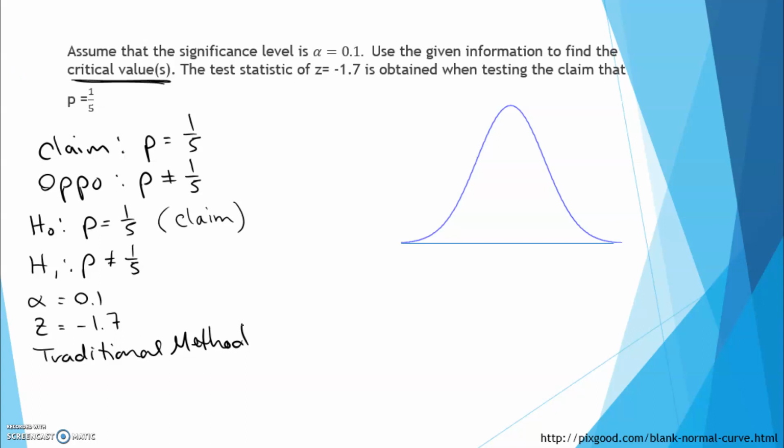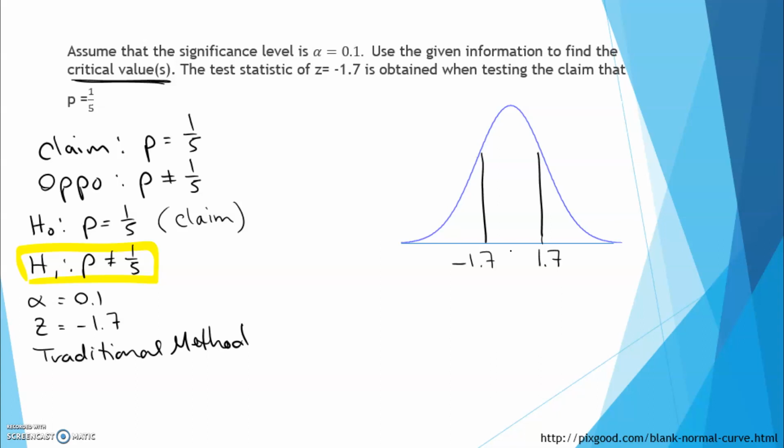Okay, and if we look at H sub 1, because that's a not equal to symbol, we are in a two-tailed test. So here and here, we would have a test statistic of 1.7 and negative 1.7.